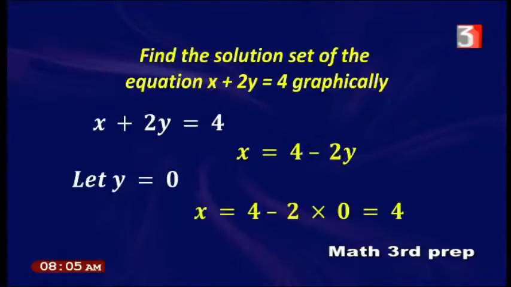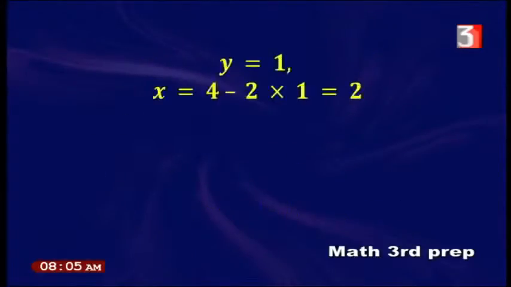It is 4 minus 2 times 0, by substituting in the equation, to obtain a result of 4. In this case, we can say that the first ordered pair is 4 and 0. Then, by substituting for y equals 1, x equals 4 minus 2 multiplied by 1 to obtain a result of 2. Then we can say that the second ordered pair will be 2 and 1.